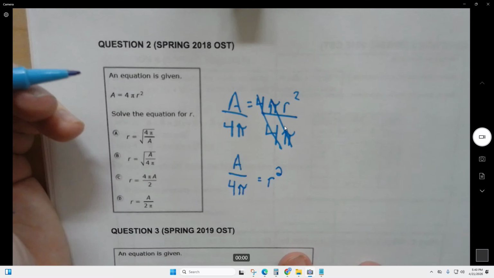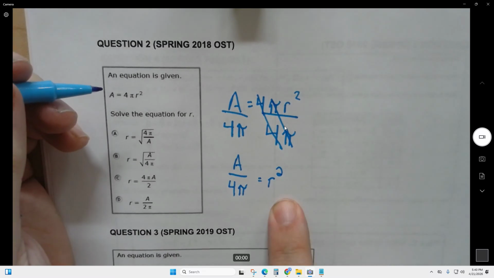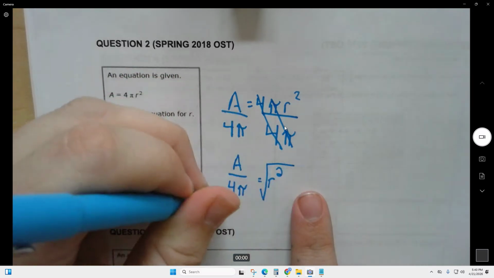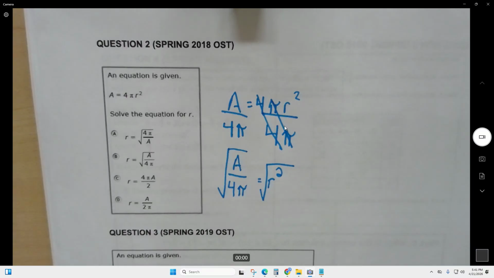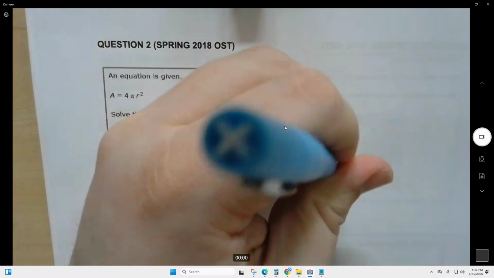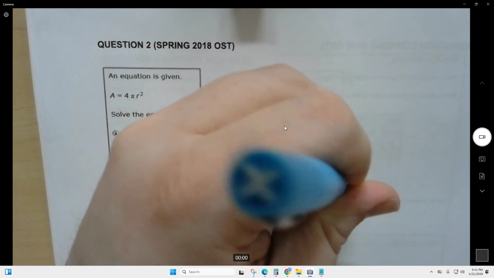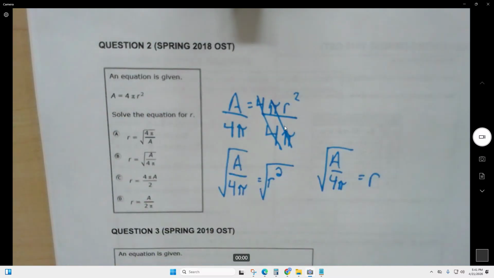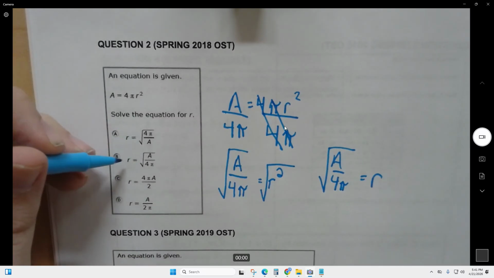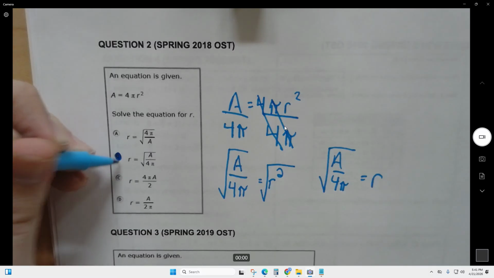And just like in the last problem, we got to get rid of that squared. To do that, we take the square root. Remember that, to get rid of squared, you use the square root. Okay, so we're left with the square root of A over 4 pi equals R. Is that one of our choices? It is. It is choice B.